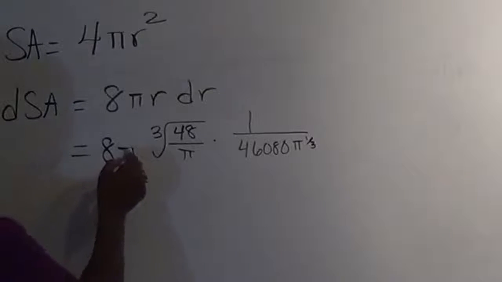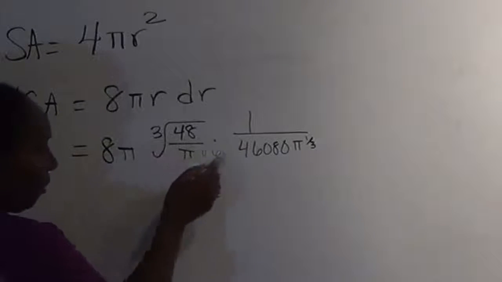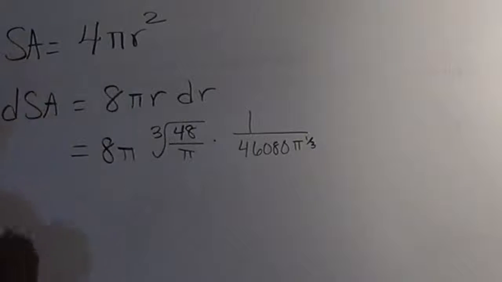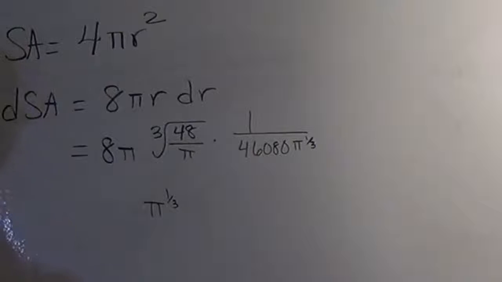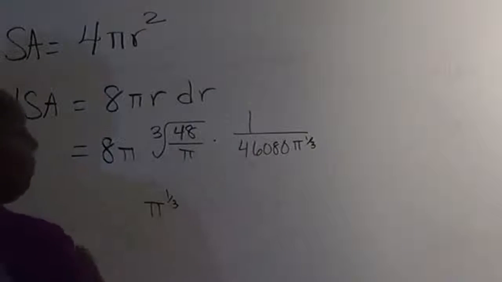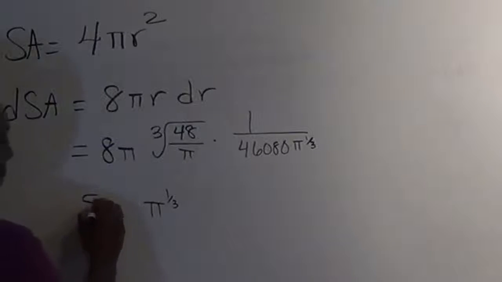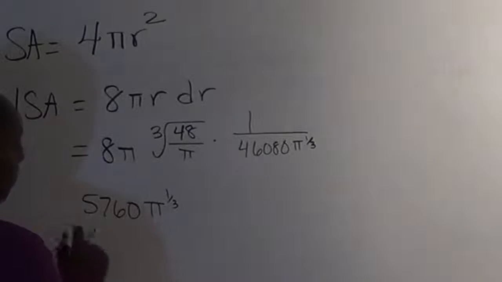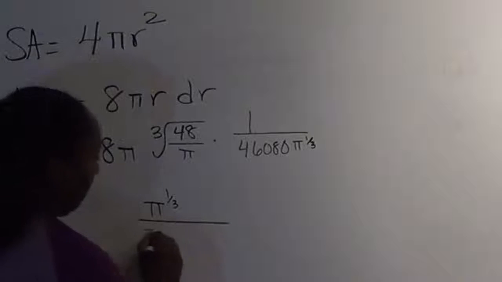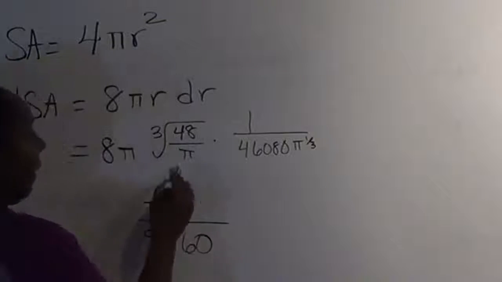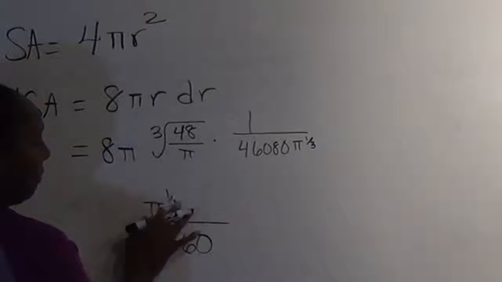Pi to the 1/3, pi to the 1/3, both in the denominator, times that one there gives us a pi to the 1/3 in the top. We can take an 8 out of both the top and bottom here. Sorry, that one's on the bottom. And then the cubed root of 48.